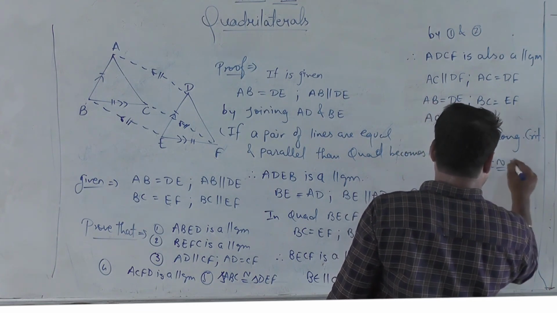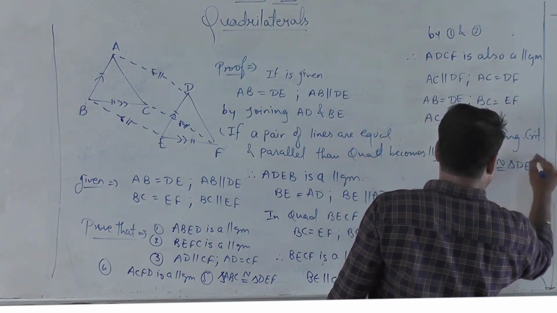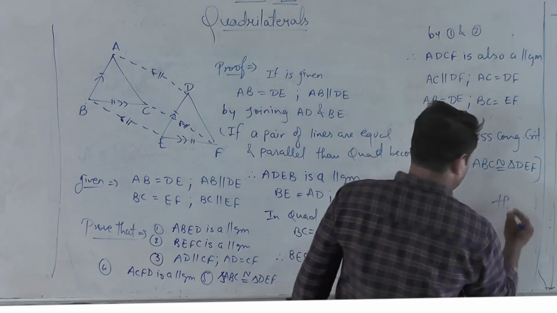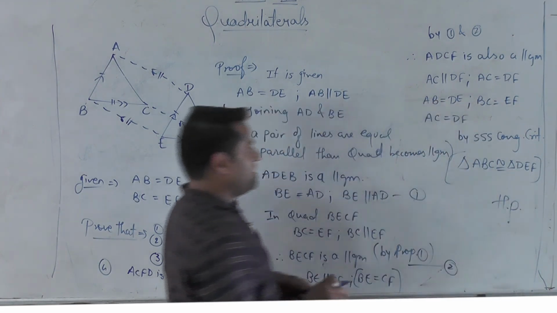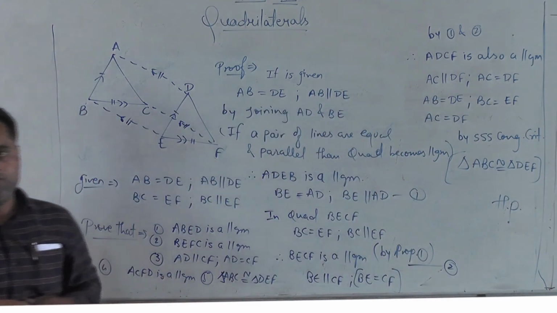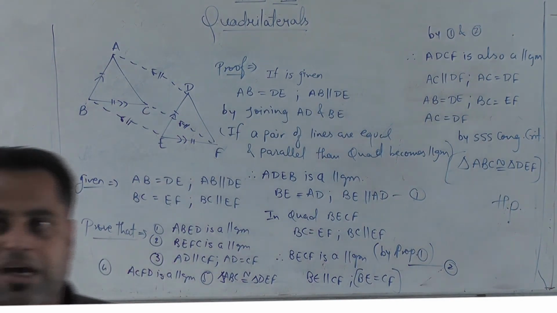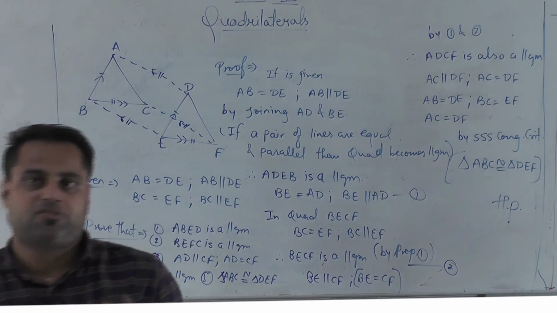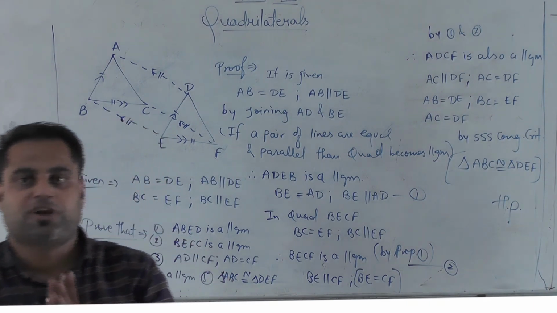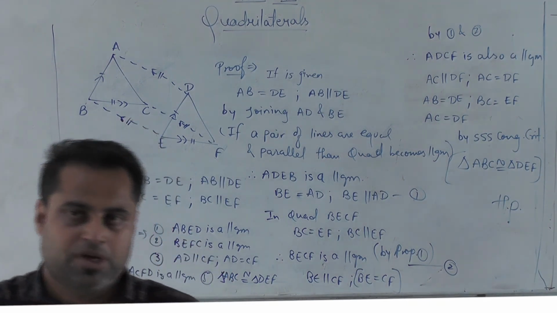ABC is congruent to DEF, and that's what we needed to show at the end. So this is how this question goes. With one property: if a pair of sides in a quadrilateral are equal and parallel, then the quadrilateral becomes a parallelogram.